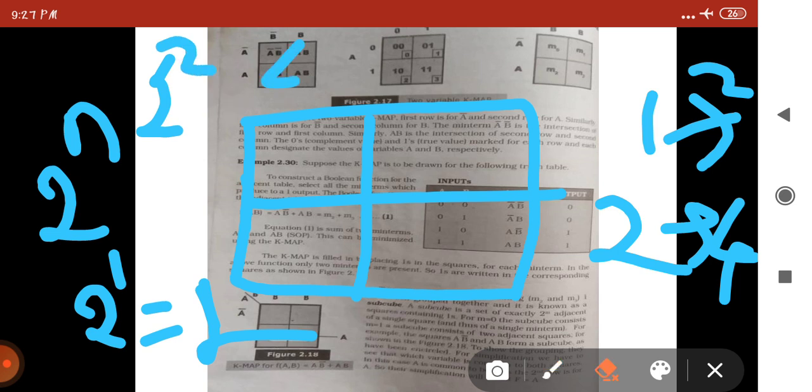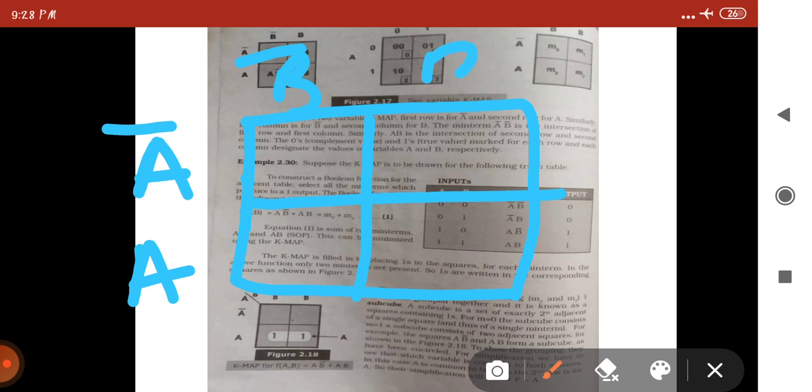The same way we used 2 boxes before, now 4 boxes will come. How to write that? Let us see. A bar, A, B bar, B. In this box, A bar B bar, A bar B, A B bar, A B.